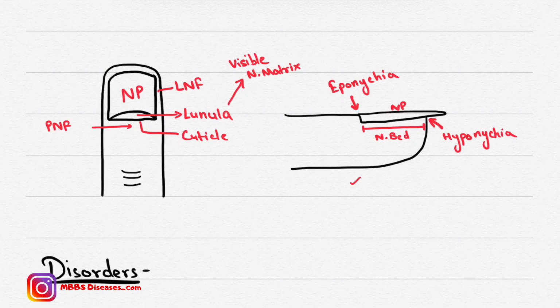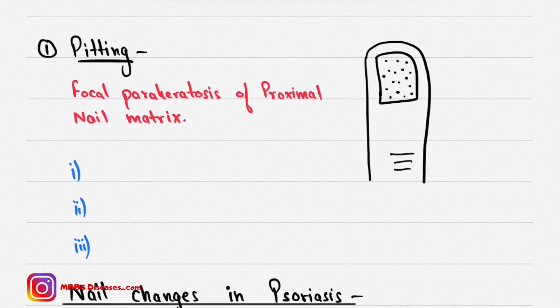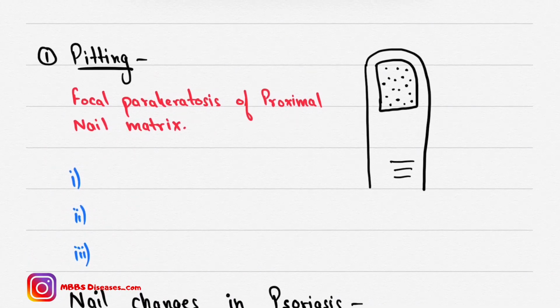Now coming to the disorders. The first disorder of the nail is pitting. As you can see in this diagram, I have drawn the pits in the nails. What is pitting and how does it occur? This occurs because of focal parakeratosis of the proximal nail matrix.